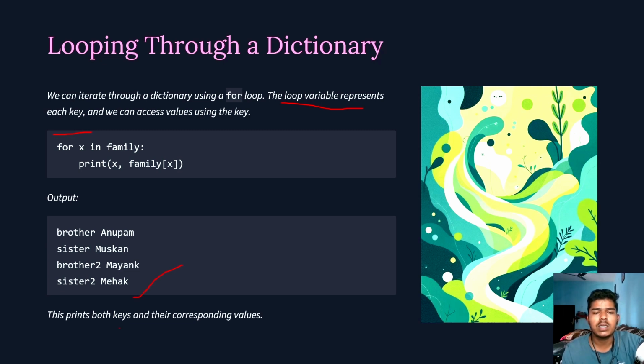This prints both key and their corresponding values. Like x we can say key and family x we can say value. By using the for loop, we print everything. Okay.